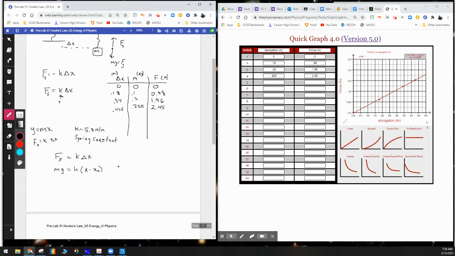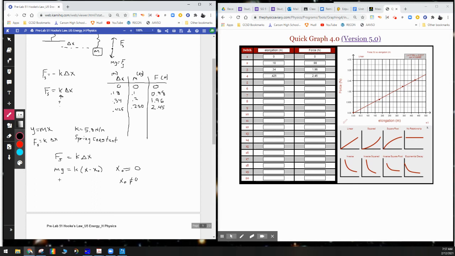In our case, X0 was 0, but sometimes X0 is not 0, and we have to subtract from a baseline or starting point. So this will be a formula we'll be using in the lab today for Hooke's law.